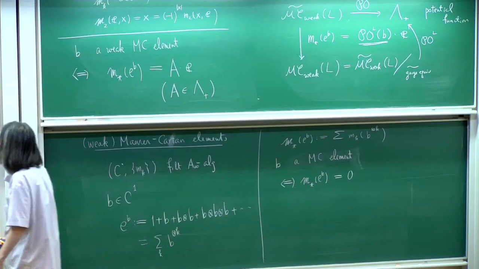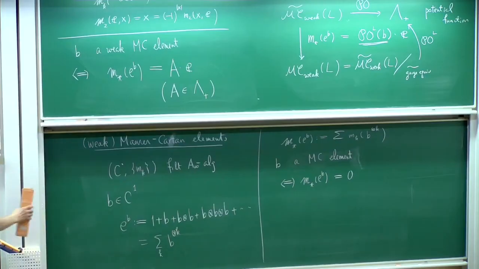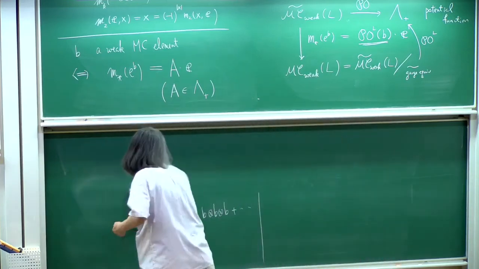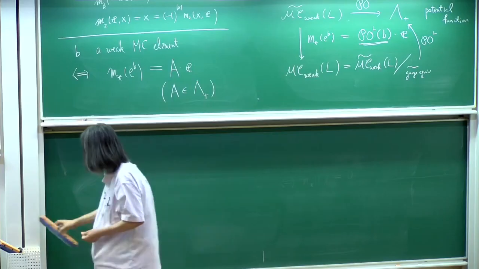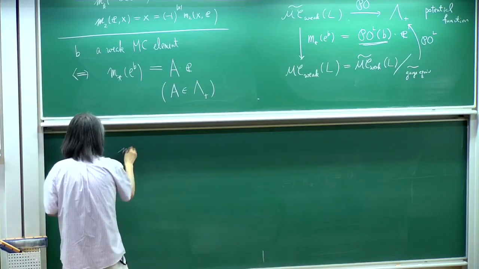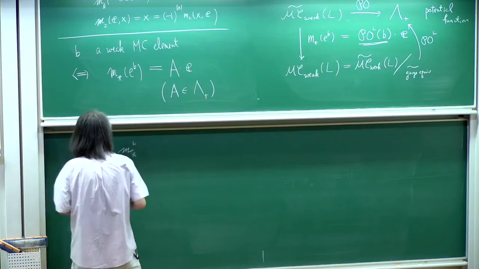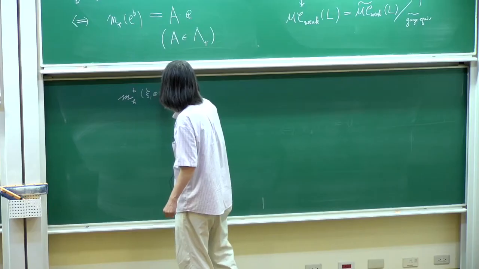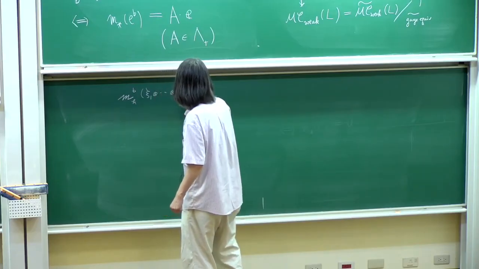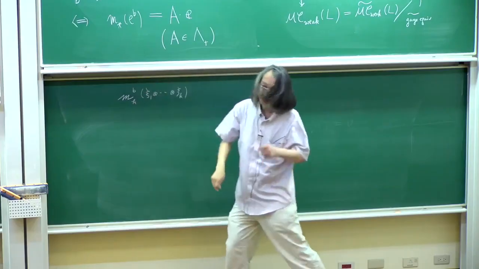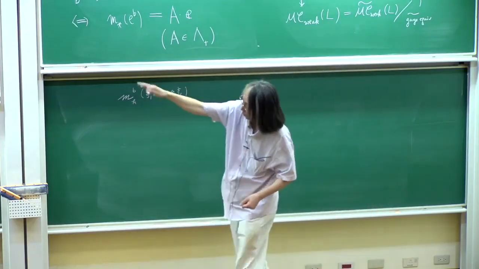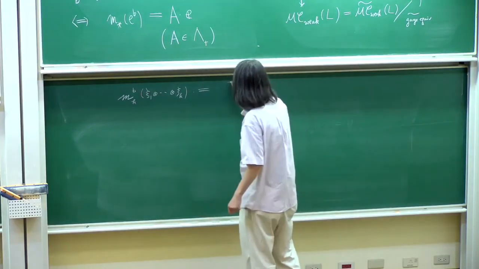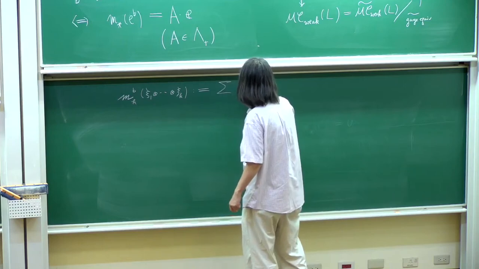And one more thing is we can deform the infinity structure as follows. So we have the MK operations, and the family of these MK operations. Then if we have B, we can also consider the following.